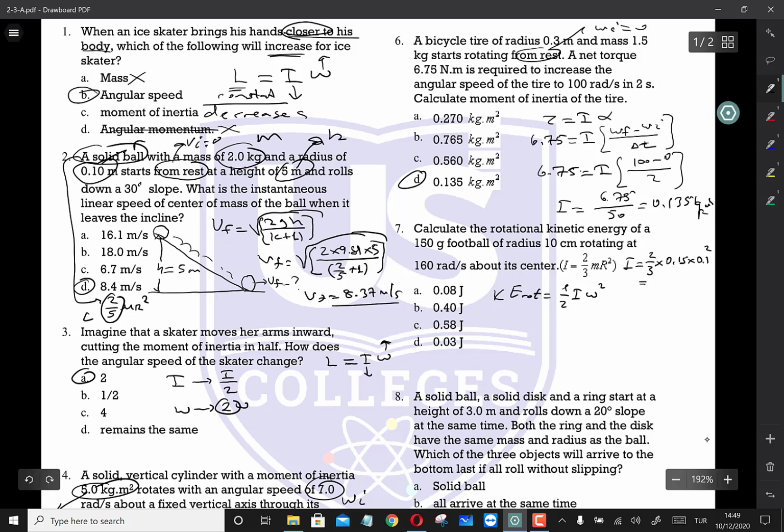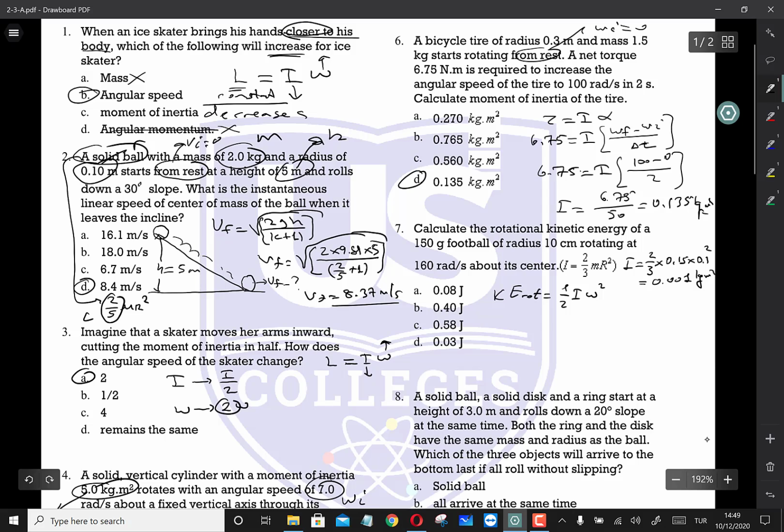So let's calculate the moment of inertia. 2 over 3 multiplied by 0.15 multiplied by 0.1 squared is equal to 0.001 kilogram meter squared.